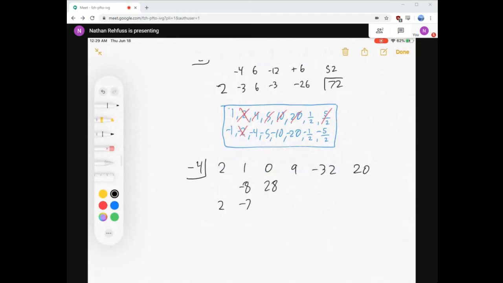Add, 28, multiply, -112, add, -103, multiply, 412, add, 380, multiply, -1520, add, -1500 exactly.